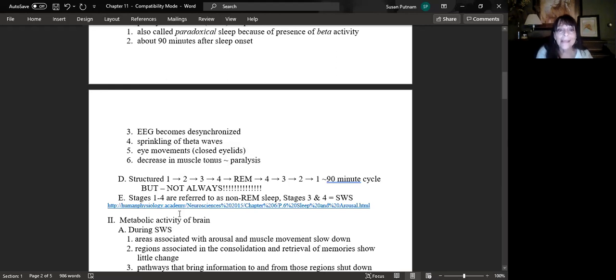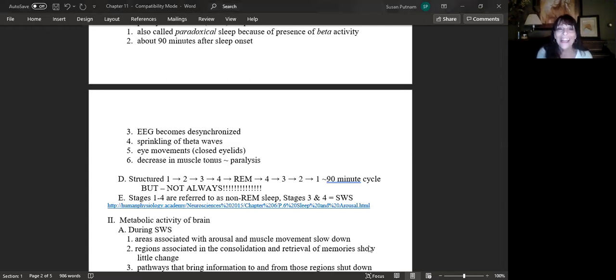So this is typically what is proposed to be the normal cycle. Stages 1 through 4 sometimes are referred to as non-REM sleep, and stages 3 and 4 are referred to as slow wave sleep. I have a link here that I don't want to bother bringing up because of all the lovely issues that I sometimes have.